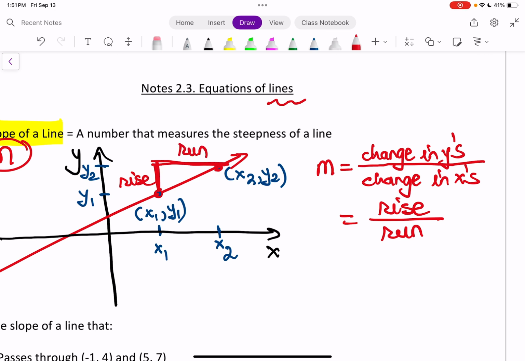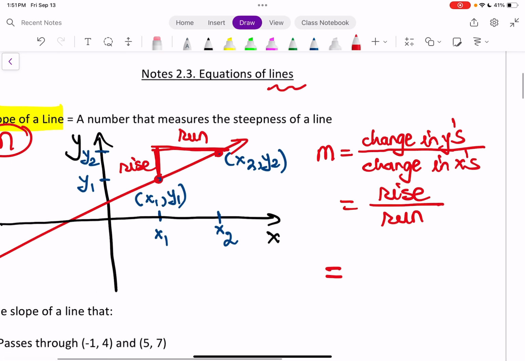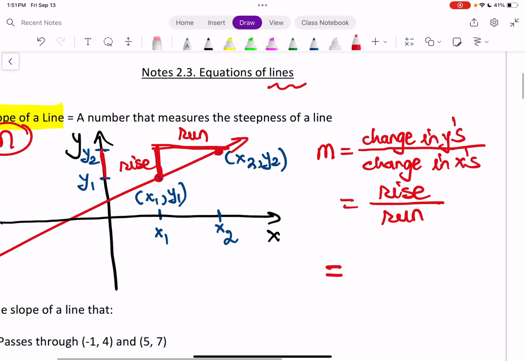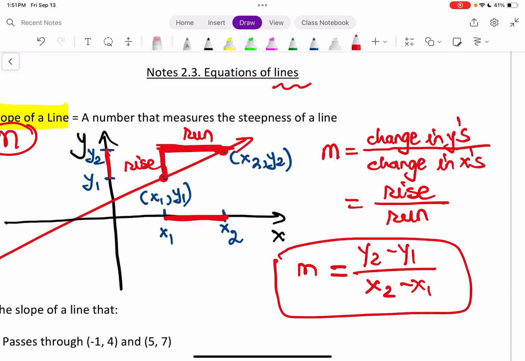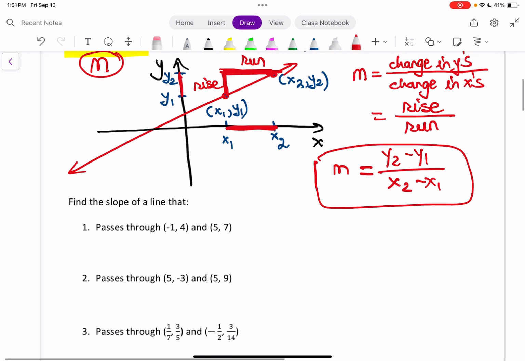And again, we've already done this in section 1.4. So what we simply do is figure out the rise, which means the distance between the y coordinates, and the run, which means the distance between the x coordinates, or in other words, the change in the y's with respect to the change in the x's. So here is our slope formula. Okay, so let's immediately practice on it.